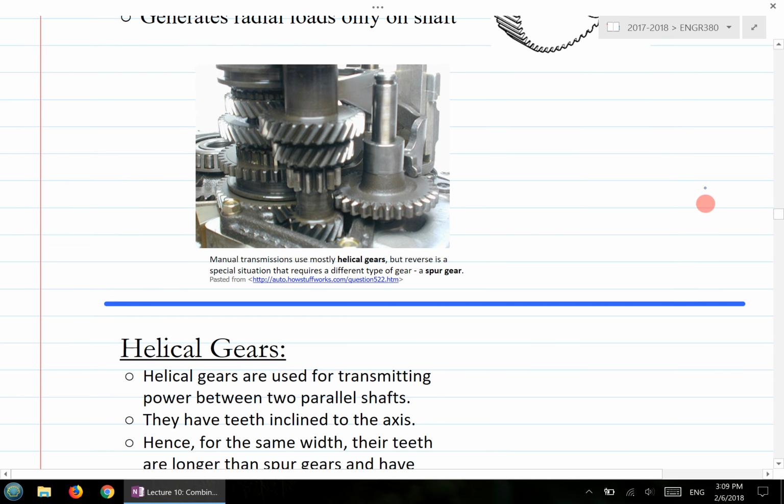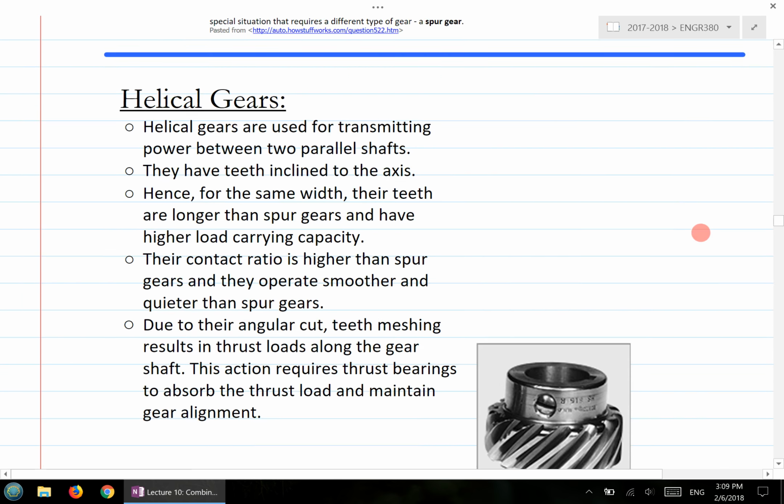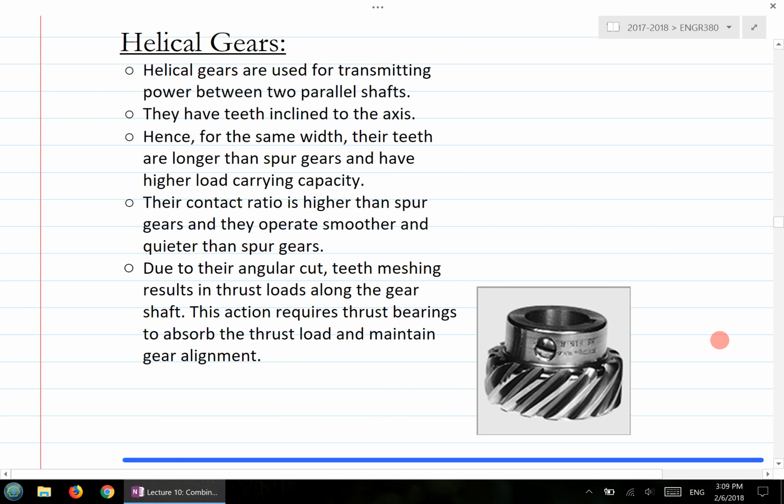The helical gear is another very common gear. The difference is that the teeth are not straight anymore. The teeth are inclined to the axis of rotation, and mathematically each one of the teeth, if you extend it, is part of a helical curve.